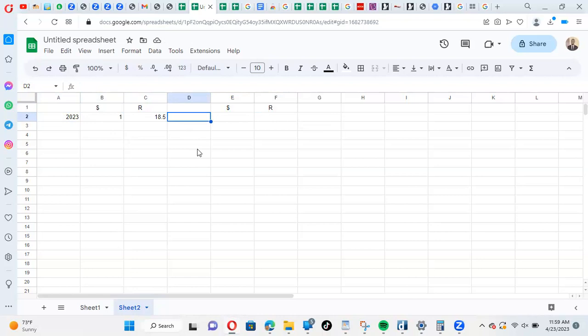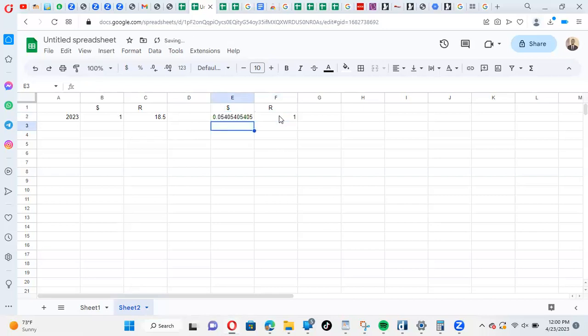So what happens now when we have an appreciation? Let's first look at it over on the other side. If $1 is giving us 18.5 rands, then if you have a rand, how many dollars would that rand give you? That should be 1 divided by 18.5.